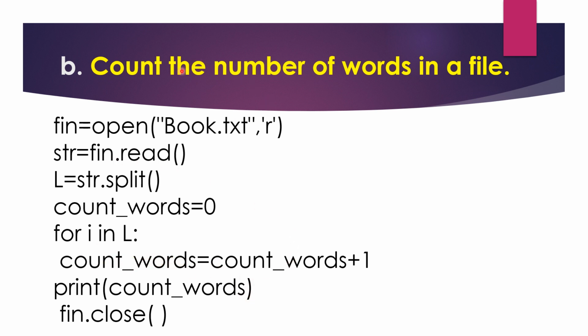Then again if it runs from the and changes to number, the value of count_word will be 1 plus 1, which is 2, then similarly 3, then 4, 5, 6, 7, and finally when the loop stops, the value of count_word will be stored as 8, and it will be printed in the output. And here we are closing the file.